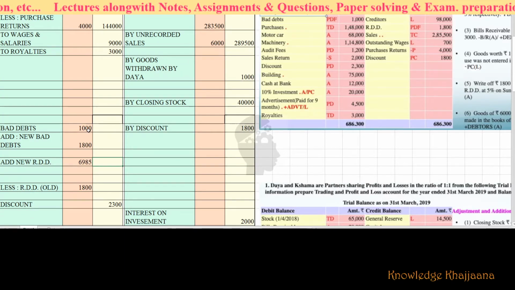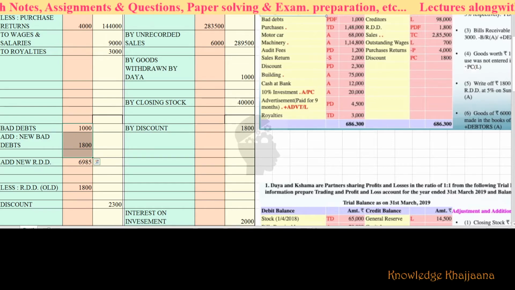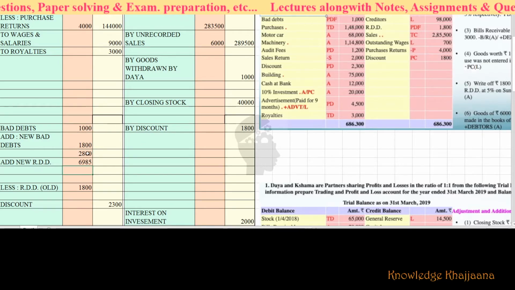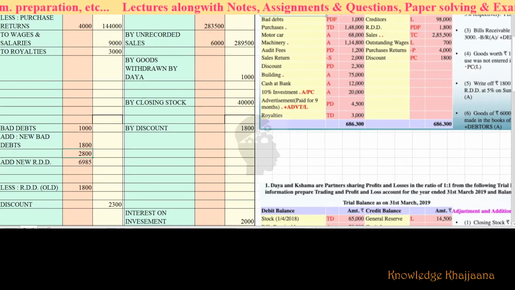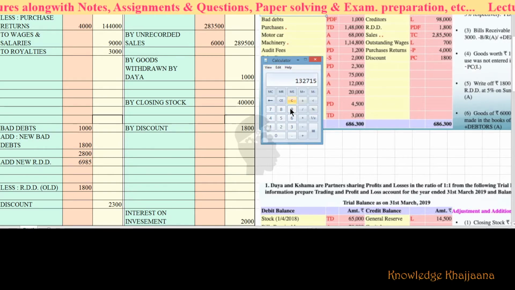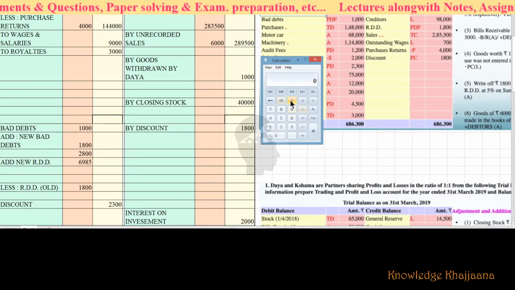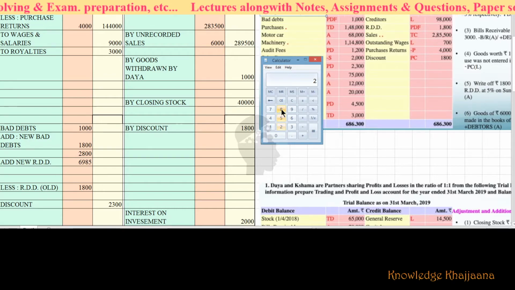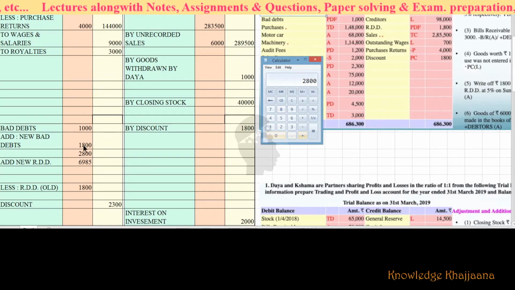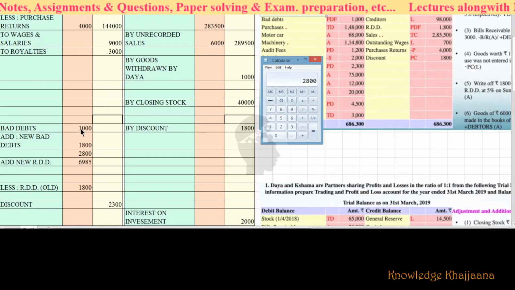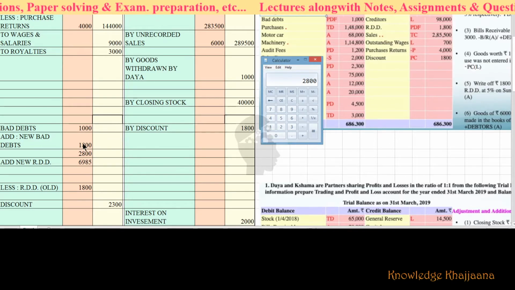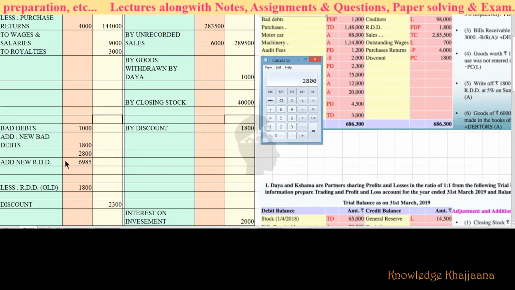So what is the total of 1,800 and 6,985? 1,800 is bad debts plus new bad debts, okay, plus new RDD.